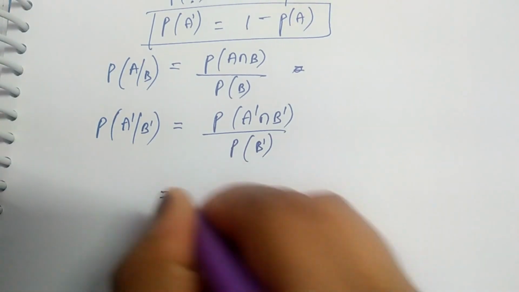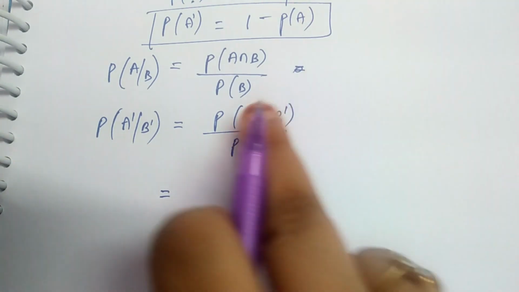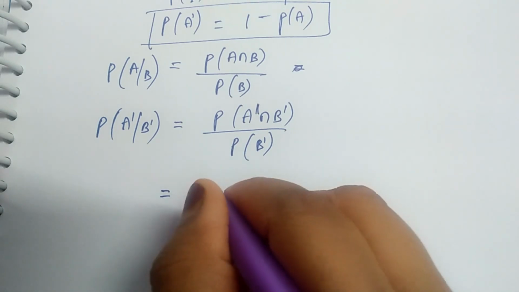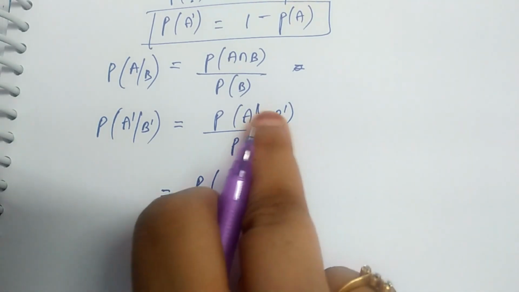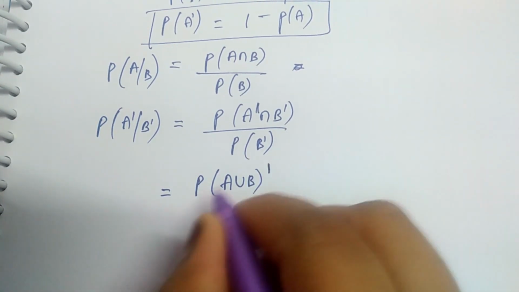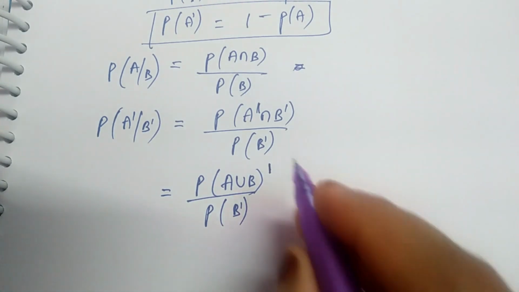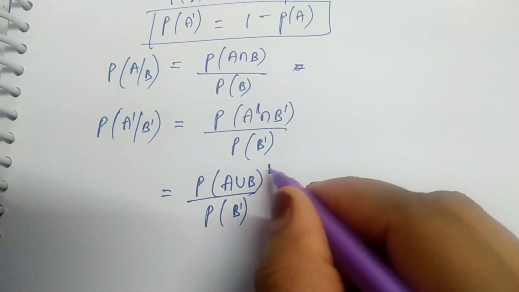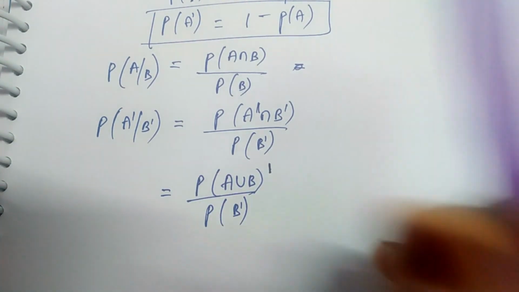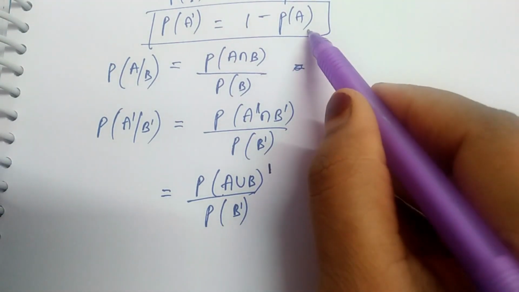Next, if we want to change this formula so that the dash is outside, the intersection changes to union: probability of (A union B) dash divided by probability of B dash. Now you'll see this is useful. Probability of A union B is given as 5 by 6, and probability of B is given as 3 by 5, but we can easily find what we need using this formula.